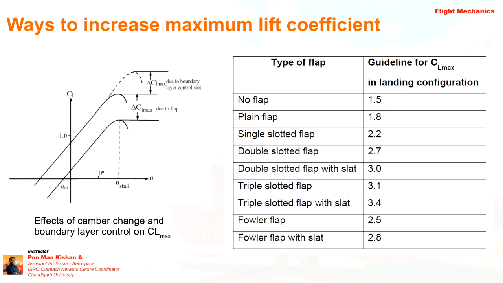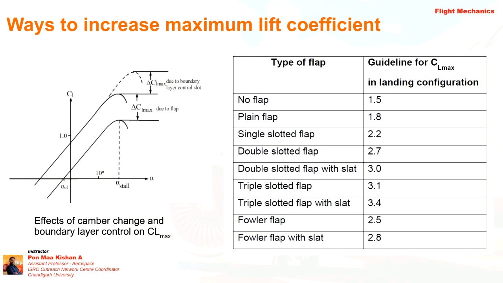In the case of plain flap, it is 1.8. With single slotted flap we get 2.2, and with double slotted flap we get 2.7. If you use both the double slotted flap as well as the leading edge slat, then we attain 3.0 CL max.